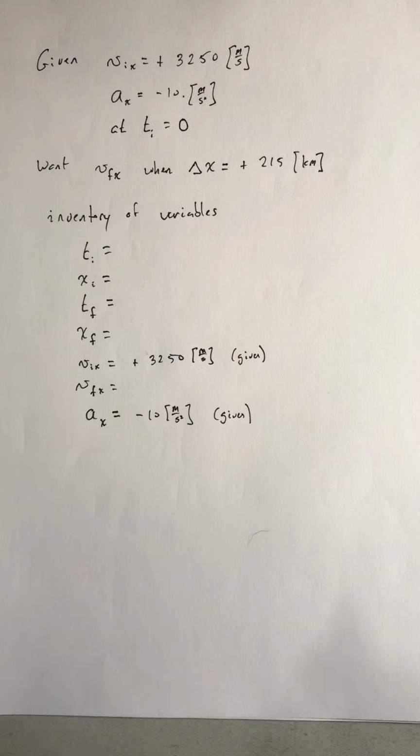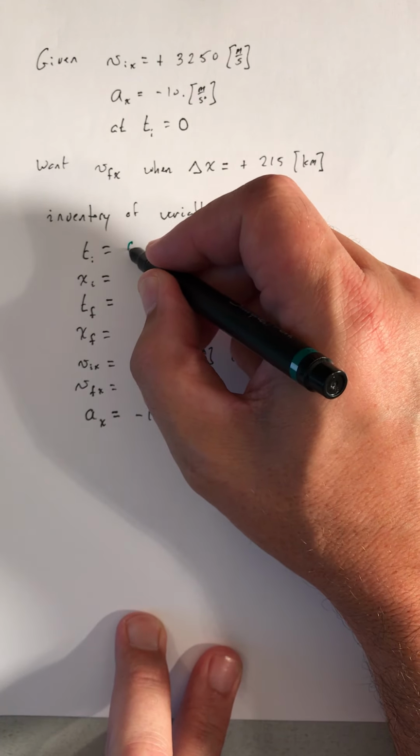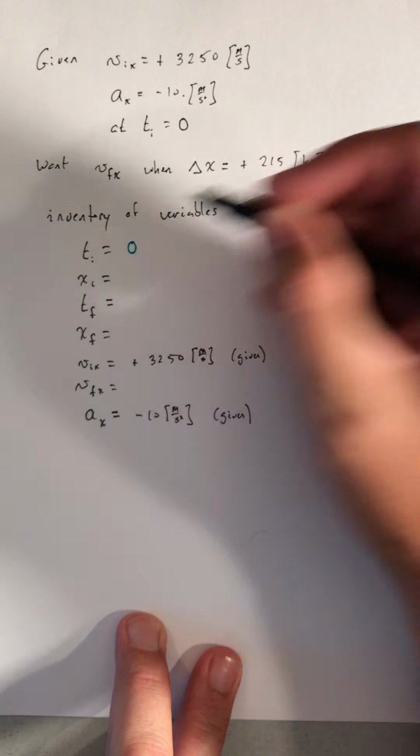I am free to pick when my clock starts, so I'm going to pick that initial time to be 0. And we're given delta x, the displacement, so that's x final minus x initial. So that has to be 215 kilometers, but I'm free to pick where I want to start measuring from. And I'm just going to pick x initial to be 0.